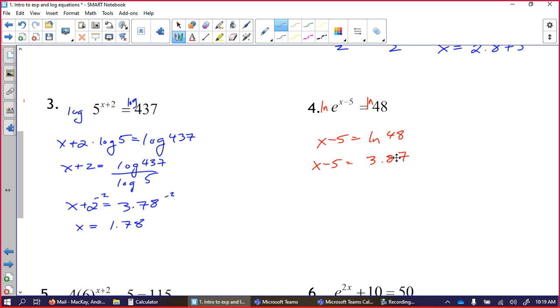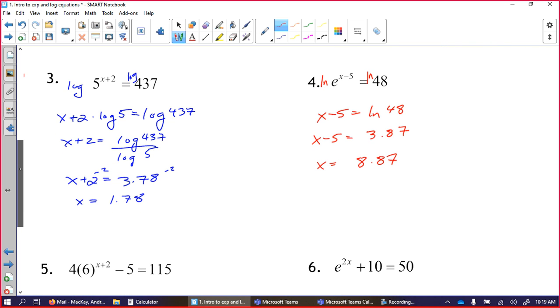Could you log everything? Sure. The log base 10 of e is going to get a little bit messy. Add 5, x equals 8.87.